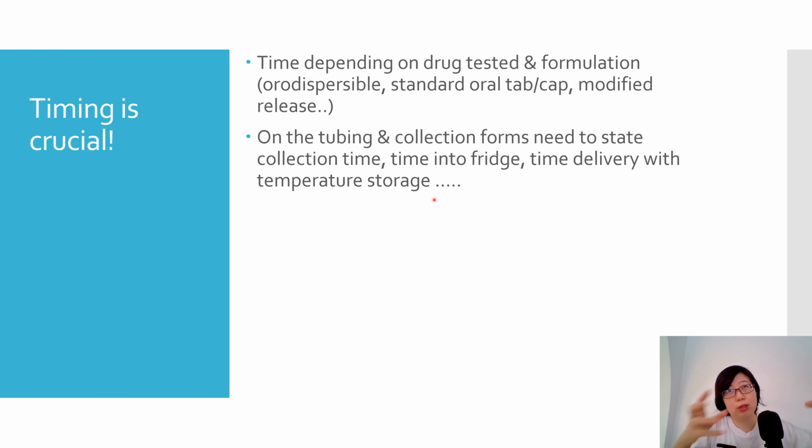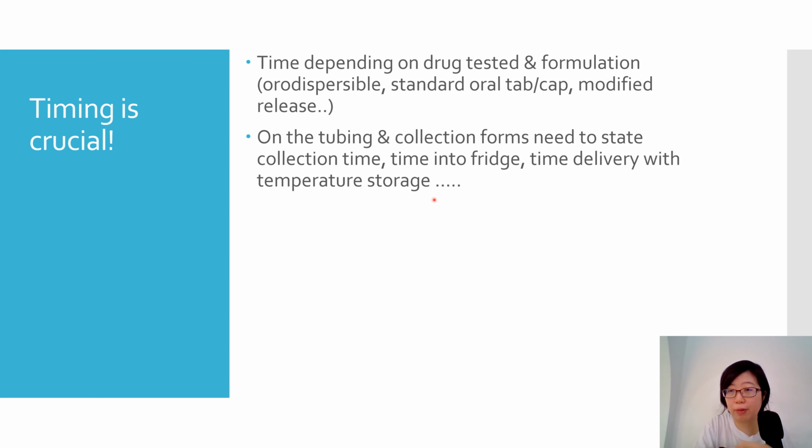In the clinical setting you might keep it in a small fridge or a small carrier box, then into the fridge, then we have to transport it to the bioanalytical site. So all the time points, including when the tube is out at the bioanalytical site for analysis of the sample, have to be stated as well to make sure that it's not outside too long and things like that. So there's a lot of recording of time points actually.